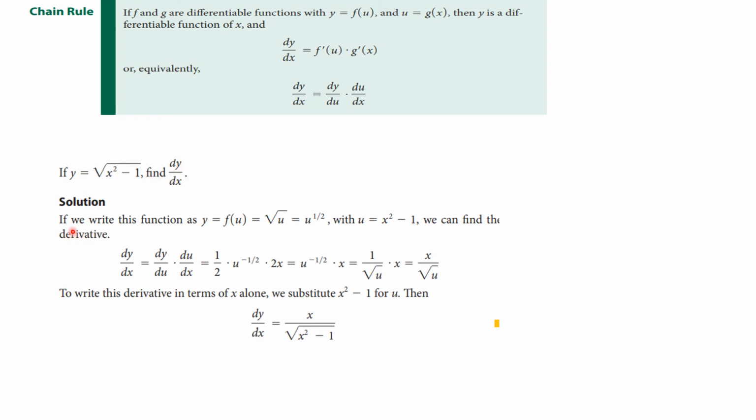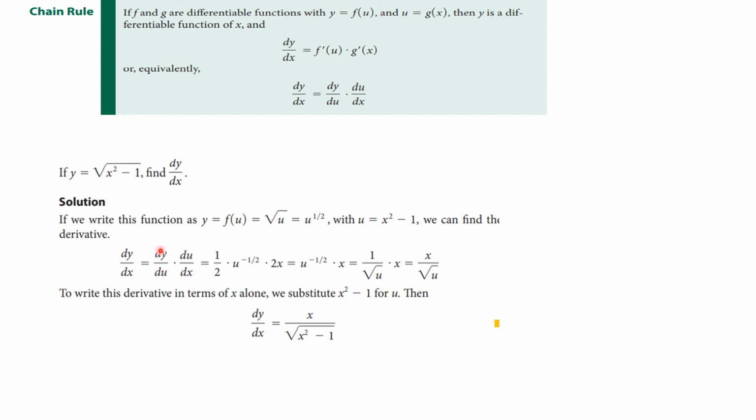In that case, we write this function this way: y is a function of u, that means it is equal to root u, because here we assume that u is equal to x² − 1. So y is equal to root u, and root u means u to the power half. Then we can write the derivative dy/dx is equal to dy/du times du/dx.